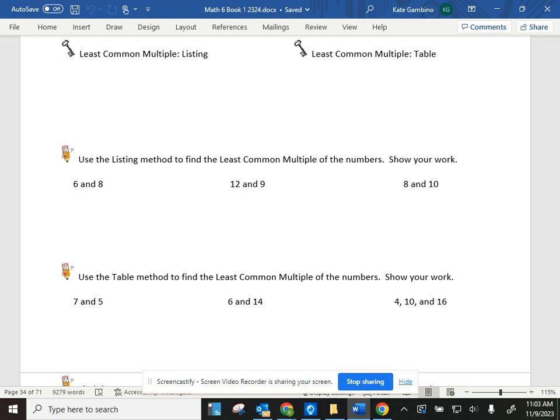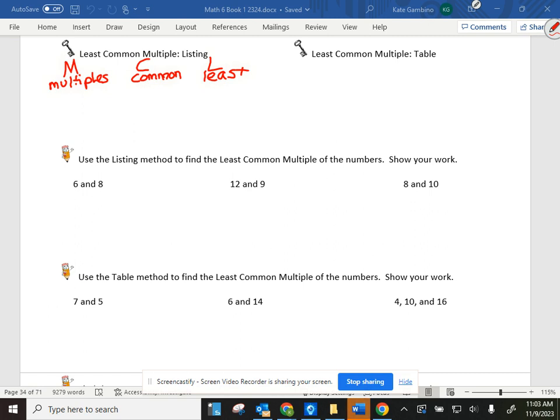The first one is our listing. So we have the LCM. We're going to list the multiples. We're going to find the common multiples that they share. And then we're going to find the one that is the least.